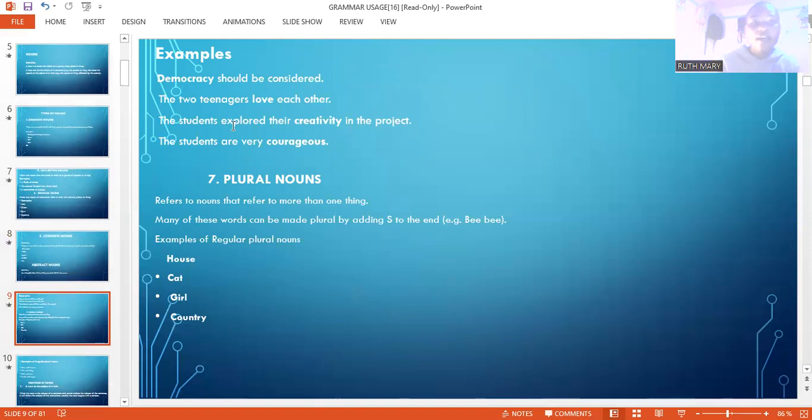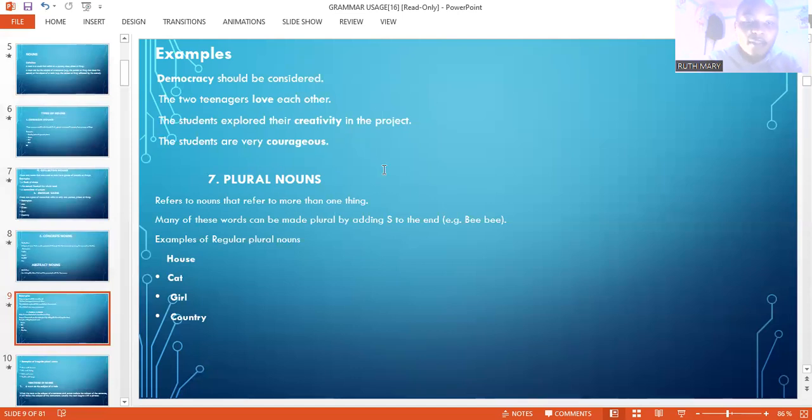Democracy is the abstract noun. Then next we have, the teenagers love each other. The noun here is love. The students explore their creativity in the project. The noun is creativity. Then lastly, the students are very courageous.